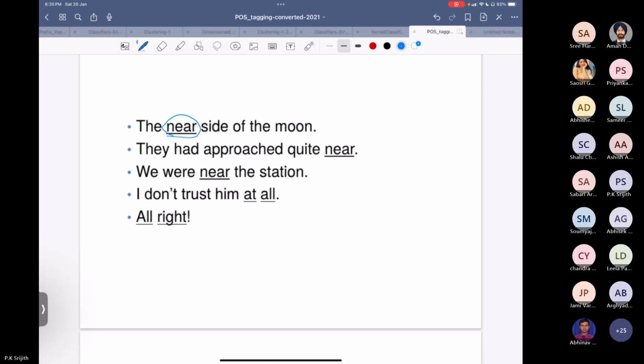It's an adverb. Why is it an adverb? Approached is a verb, so near is extending that. So that's why it's an adverb. Okay. So how about this one? We were near the station.